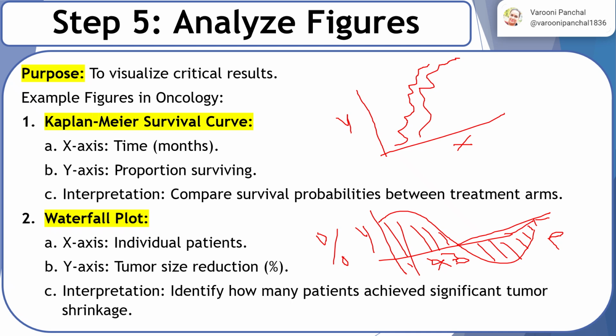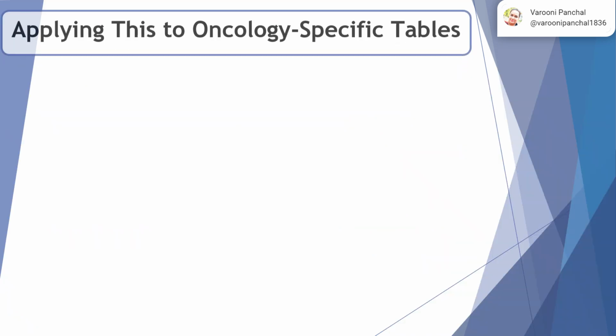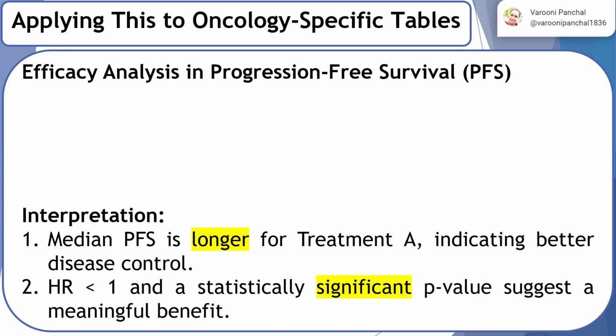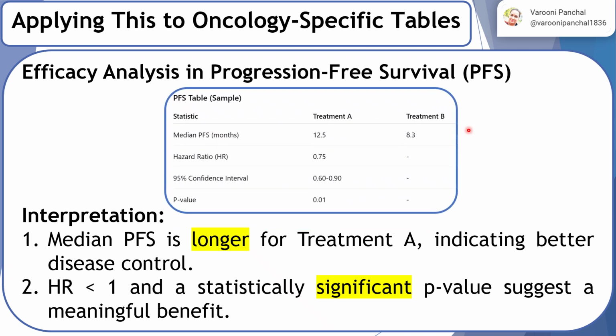These two plots and figures are very popular, and mostly used in oncology trials. Applying this to oncology specific tables: efficacy analysis in progression free survival. Here the statistic is median progression free survival. Treatment A is 12.5, whereas treatment B is 8.3. So here you can easily compare.